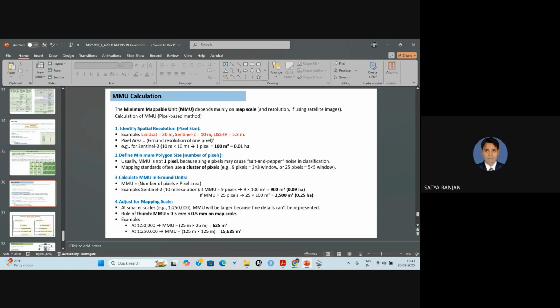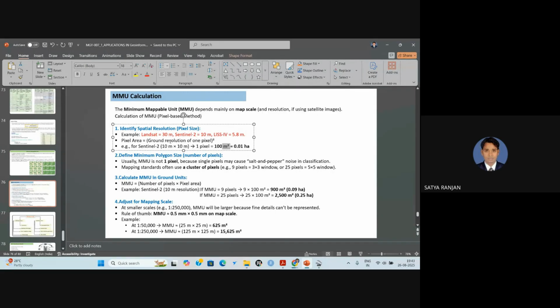So in the Landsat satellite image, if there is a 30-meter resolution, then minimum mappable unit is 0.1 hectare or 100 square meter. Likewise, different examples are given in this. So what is the mappable unit?